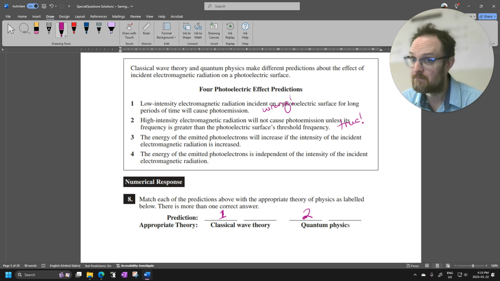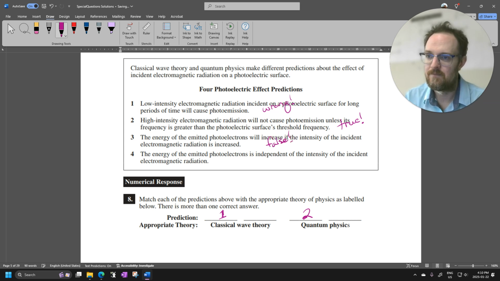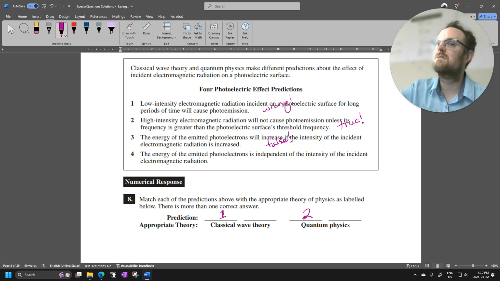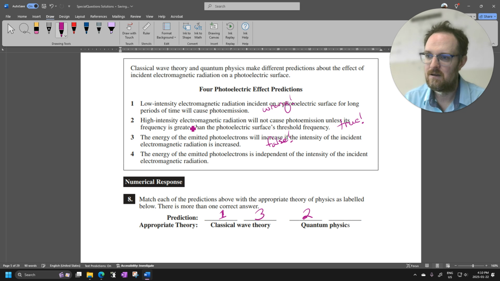Now, intensity, remember, is how many photons, not how much energy the photon has. Remember, it's a one-to-one thing. So this is false, because intensity doesn't change the energy of the photon, which means it doesn't change the energy of the electrons. It just changes how many electrons there are. So that's a false statement. So that's going to be 3, right?